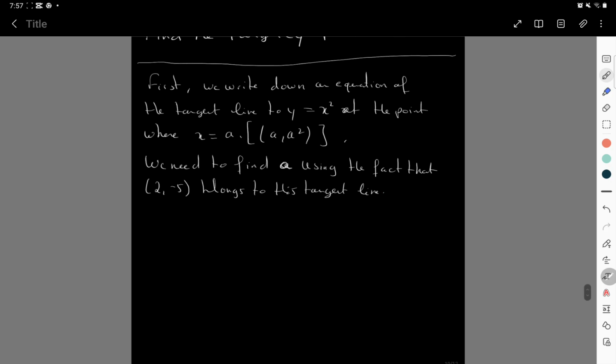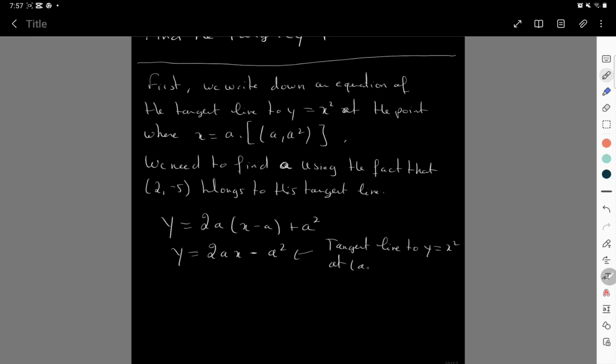Now it's very easy to see that this tangent line has equation y is equal to 2a times x minus a, plus a squared. So it's y is equal to 2ax minus 2a squared plus a squared, which gives minus a squared. So this is the tangent line to y is equal x squared at a squared.